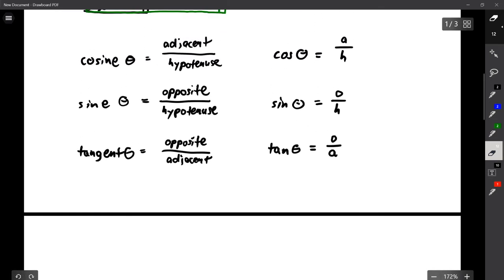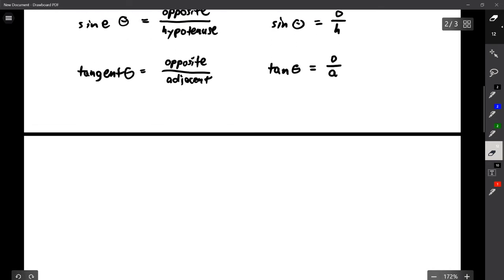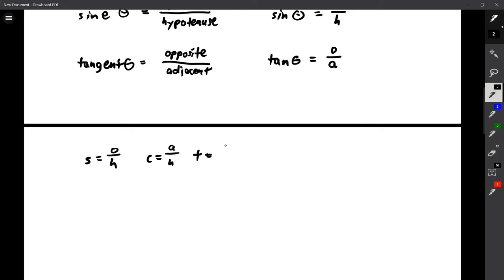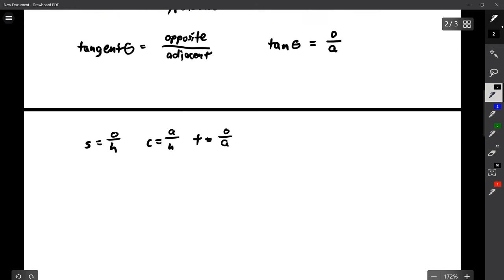So for remembering these relationships, there's a common, well, if I wrote a very abbreviated version, sine is opposite over hypotenuse, cosine is adjacent over hypotenuse, and tangent, just the t, tangent is opposite over adjacent. Please don't just use S, C, and T to abbreviate these.